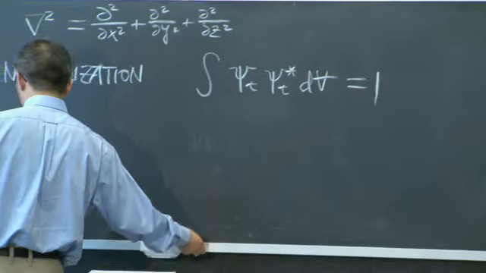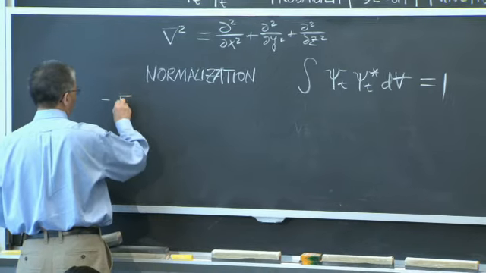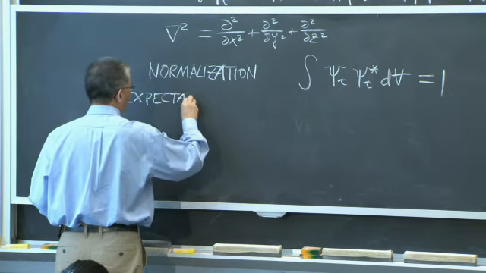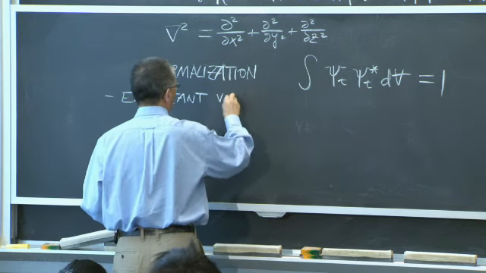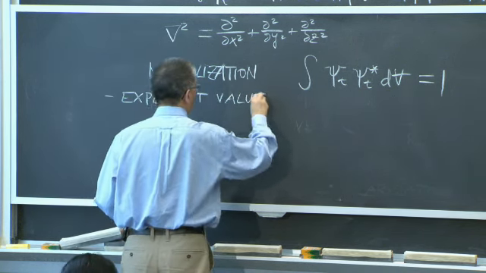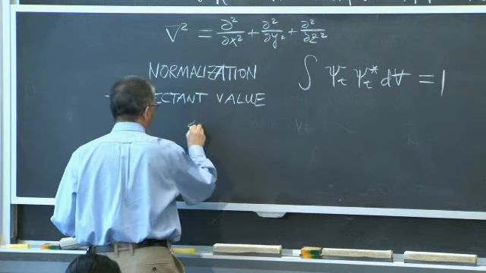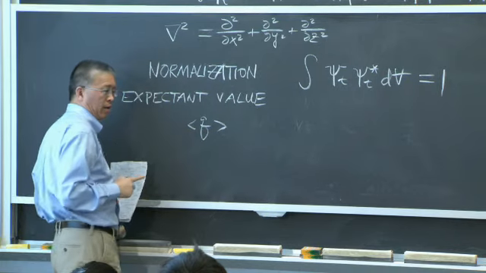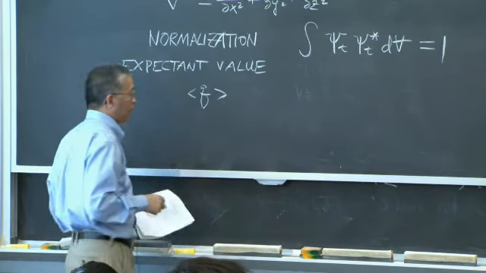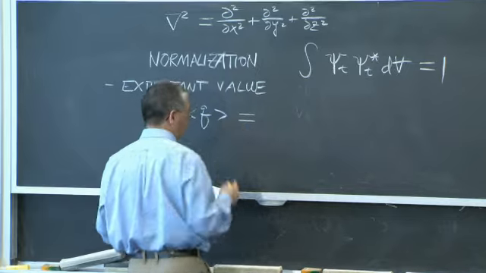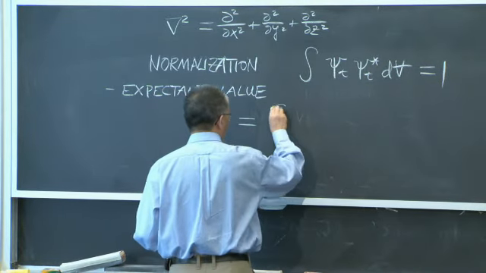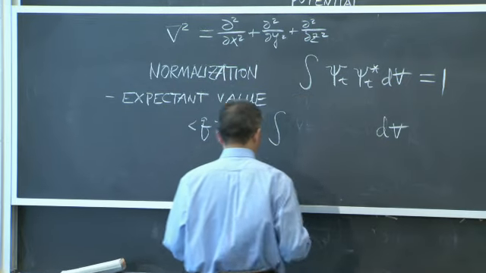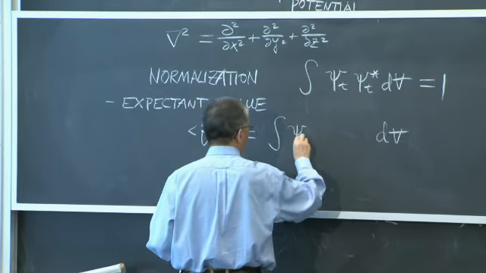So we have this expectation value. For any quantity, this one is now a number, the expectation value of any quantity is integrated over, again, the same volume, and the wave function.